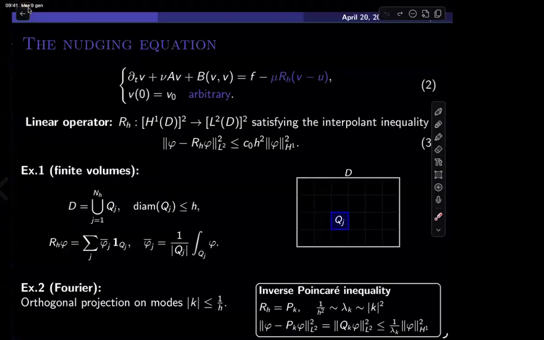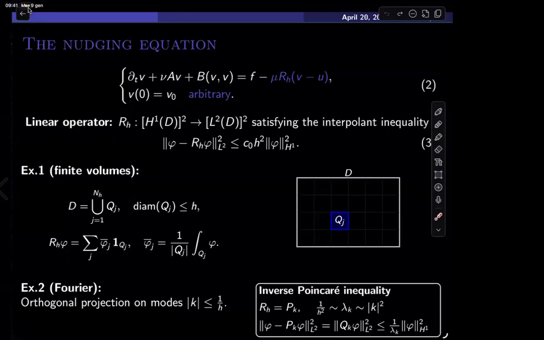So as another example of your interpolant operator R_H, you can consider exactly the projection on the modes. Let's say you can consider as an example the projection on a subspace of dimension k.